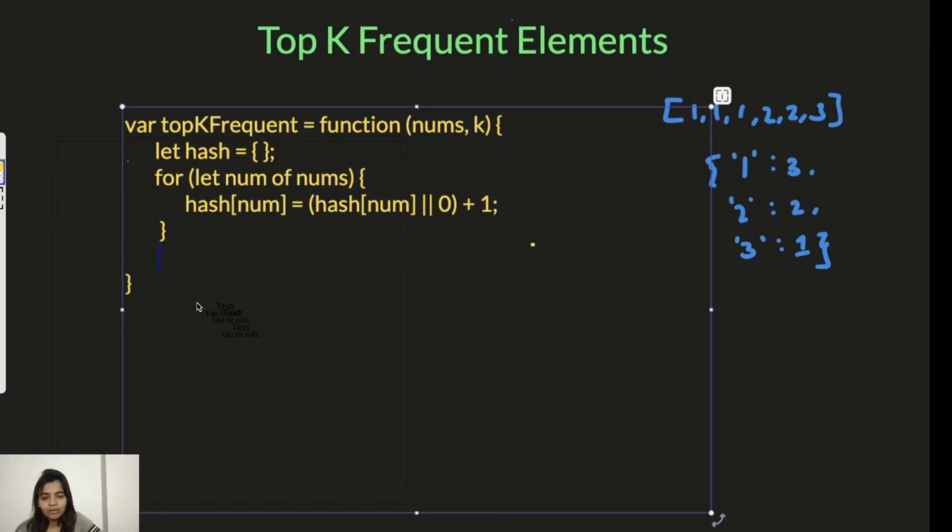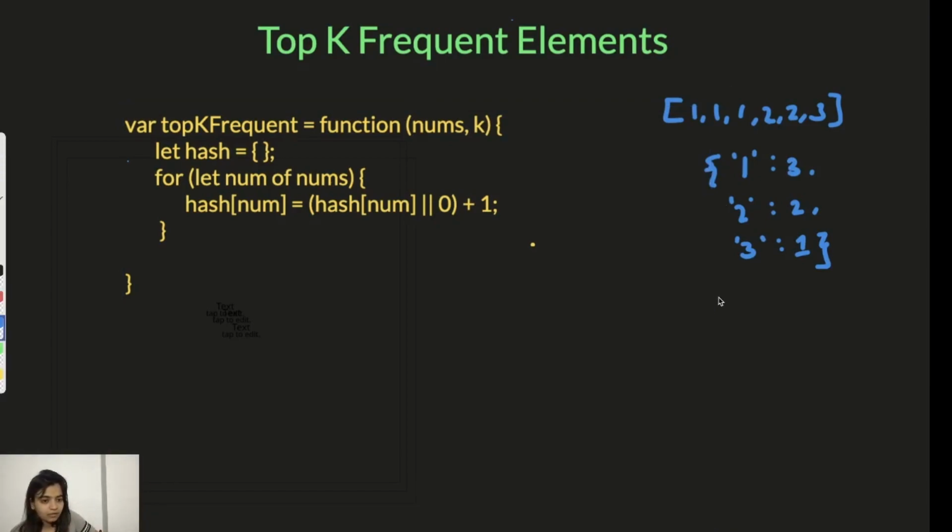In JavaScript we cannot directly sort the hash, so we have to convert it into an array and then sort it. To convert it into an array, we have a function called Object.entries. This will make an array that looks like this: [1, 3], [2, 2], [3, 1], all inside another big array.